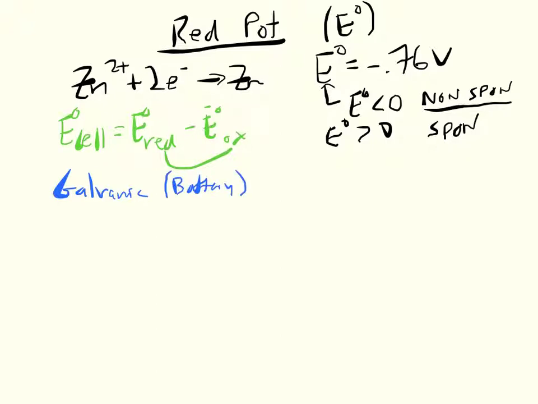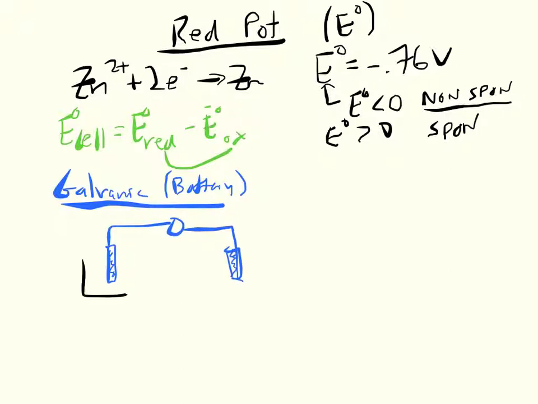Remember the setups of these. We have one compound over here, voltmeter, another compound here, stick in a solution of that same compound but in its salt form, and then there's a salt bridge which allows us to maintain neutrality.